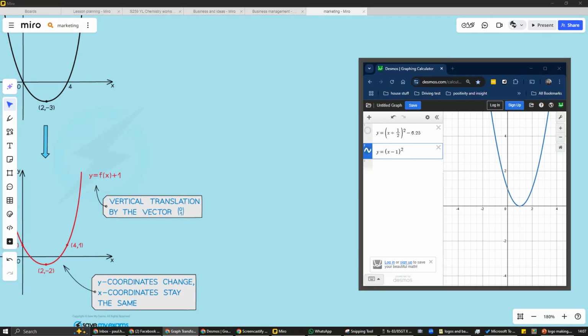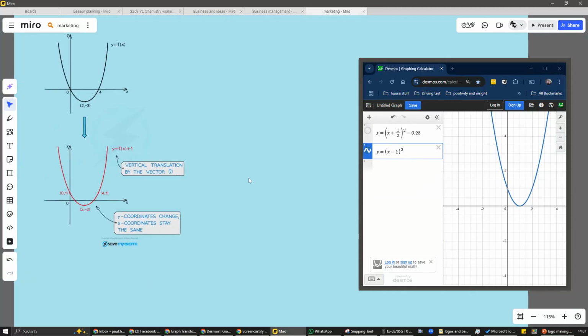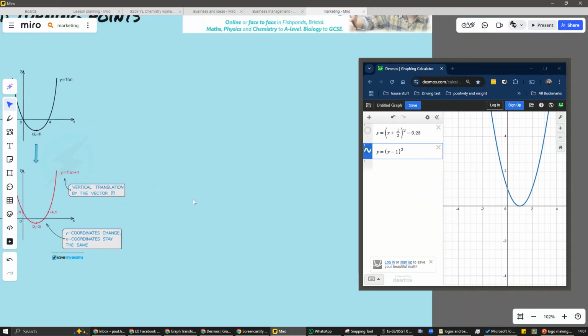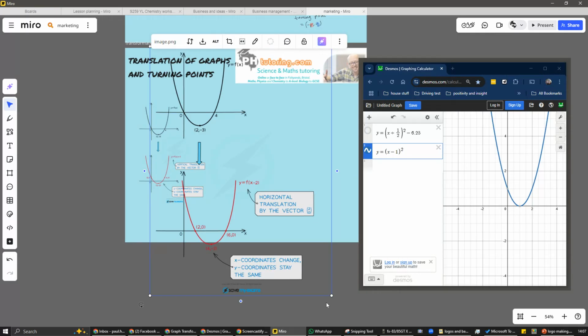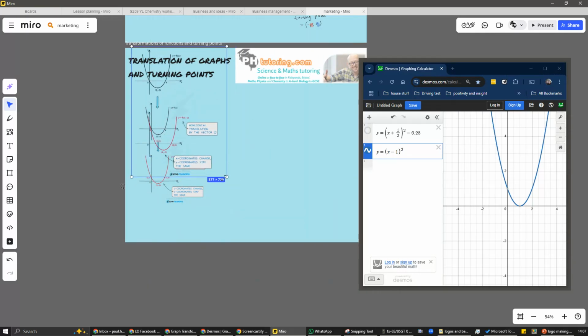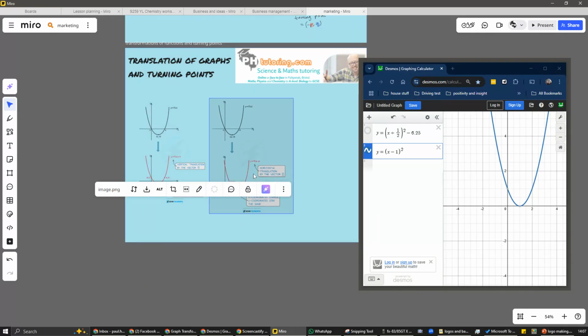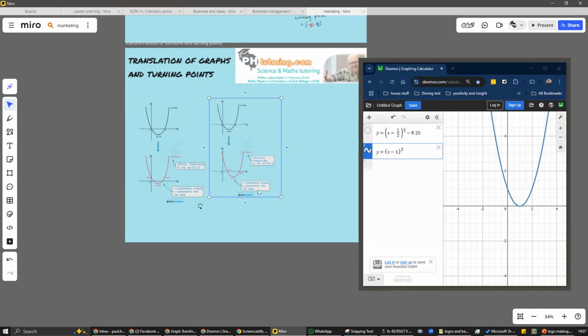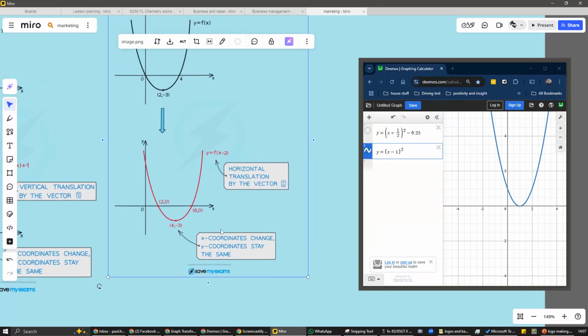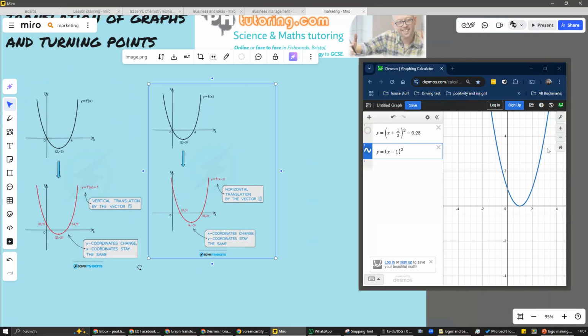But if we're doing a translation on the x-axis, let's make that a bit smaller. I've not explained this very well, have I? Because I've got this confusing arrow which points down, which looks like it's going down.